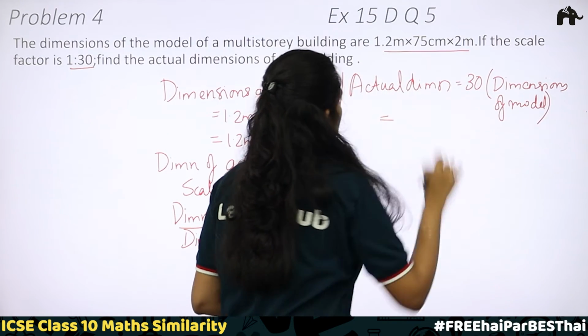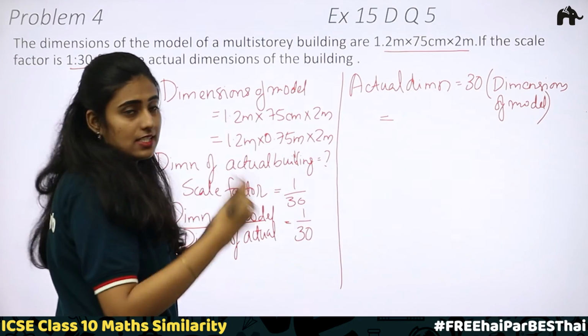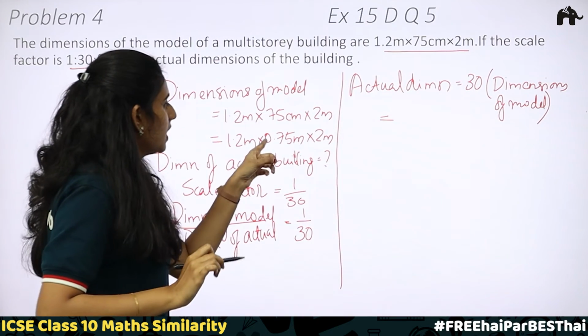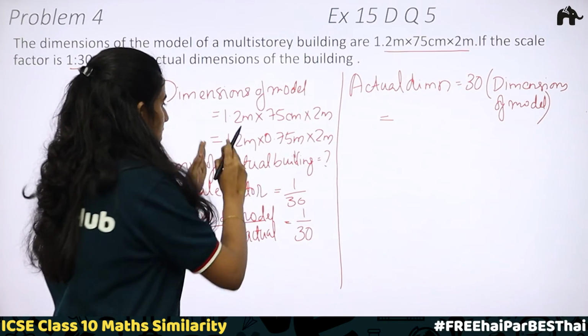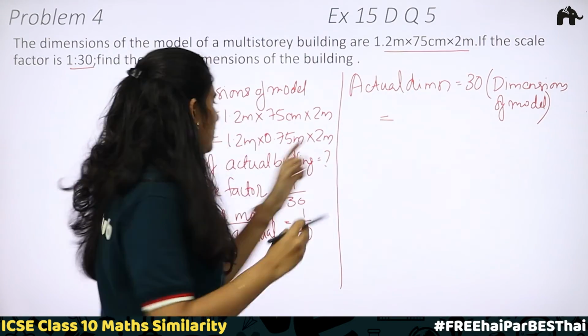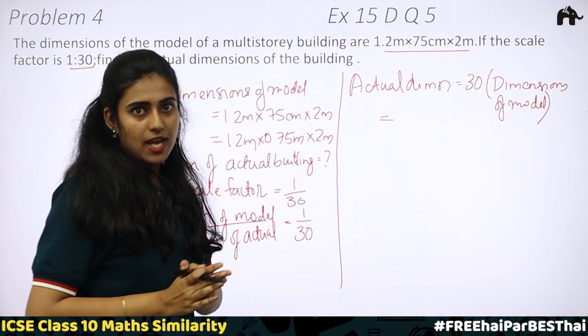Okay. So here we have the length. Let us take length is 1.2 meter, breadth is 0.75 meter and the height is 2 meter. When you multiply by 30, all of these should be multiplied separately.